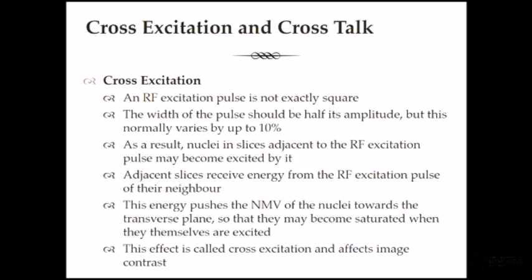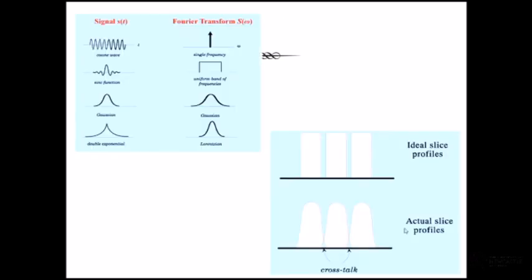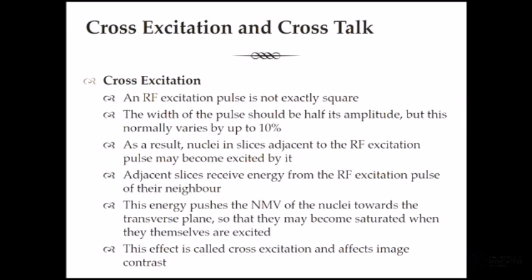So cross excitation: an RF pulse is not exactly square. That's what I was showing you before. It looks more like this. The width of the pulse should be half its amplitude, but it normally varies up to about 10%. As a result, nuclei in adjacent slices may become excited. So we have a little bit of overlap of magnetisation from the excitation pulse.